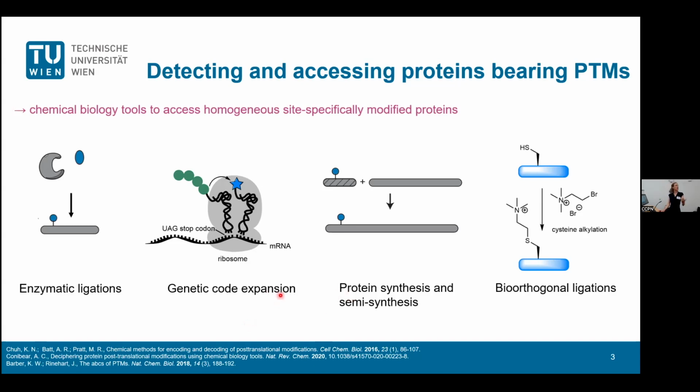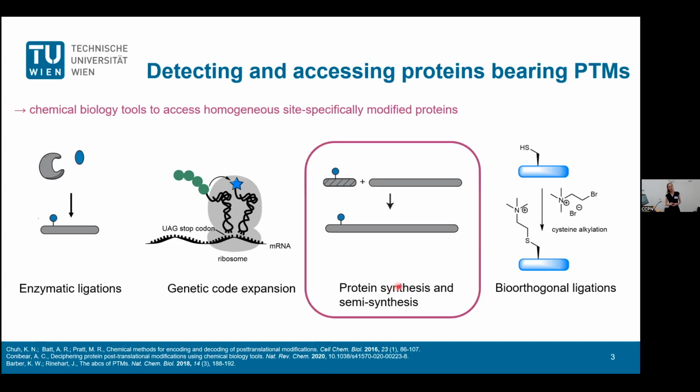My favorite method, and of course I'm slightly biased, is using protein synthesis and semi-synthesis. We can also use chemical ligations, chemical reactions that react site-specifically, for example, with specific side chains. Often we use cysteines and lysines.